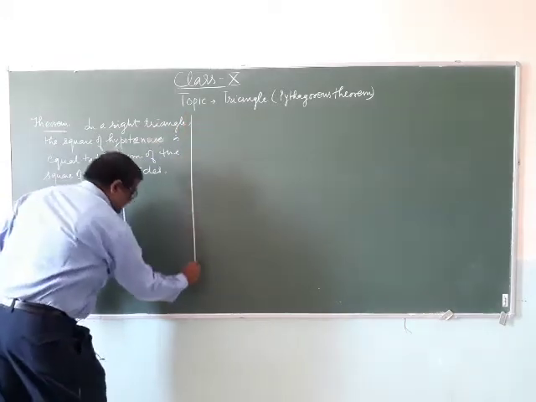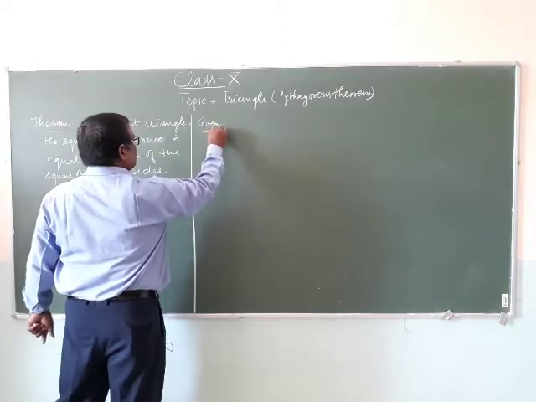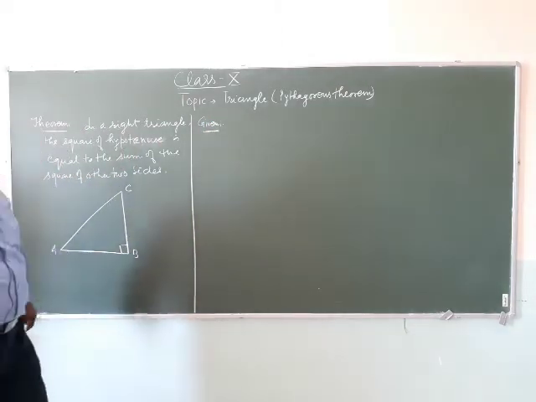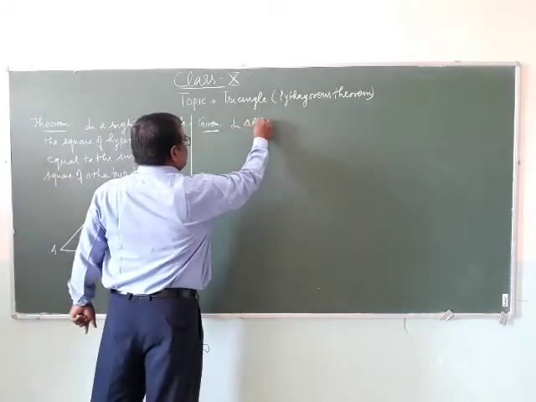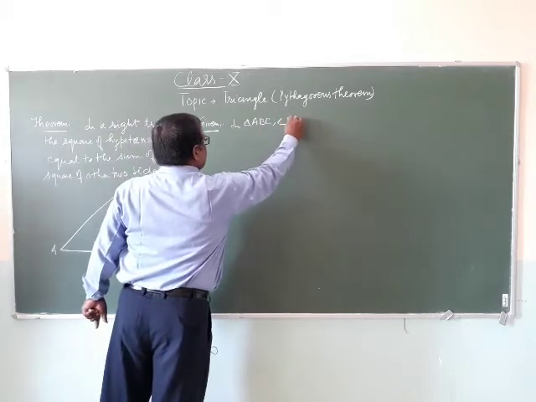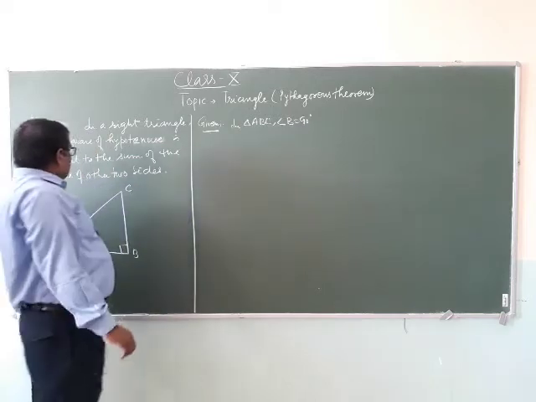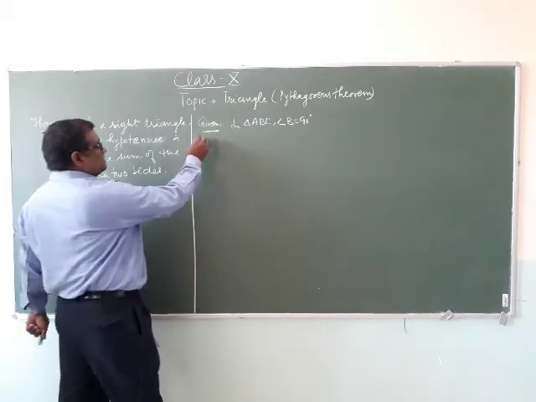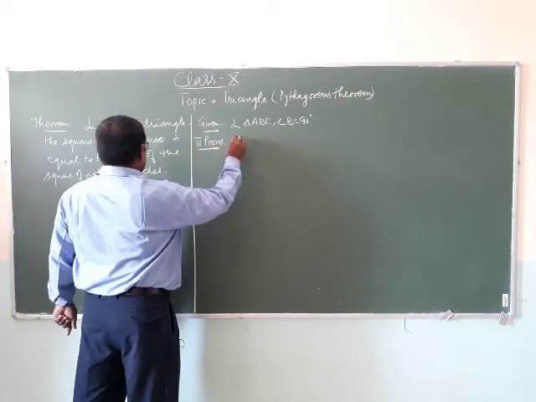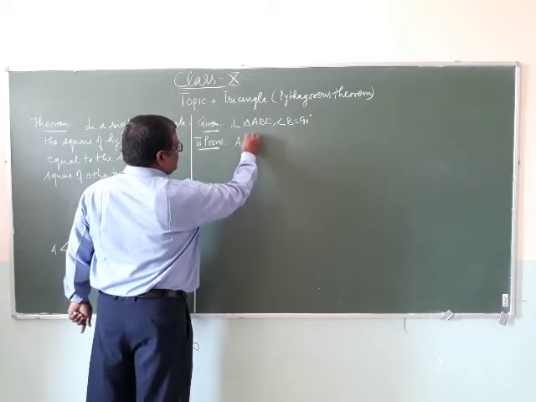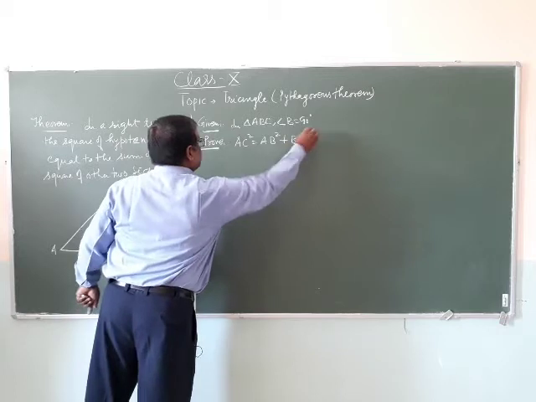The given is: in triangle ABC, angle B is equal to 90 degrees, and we have to prove that AC square is equal to AB square plus BC square.